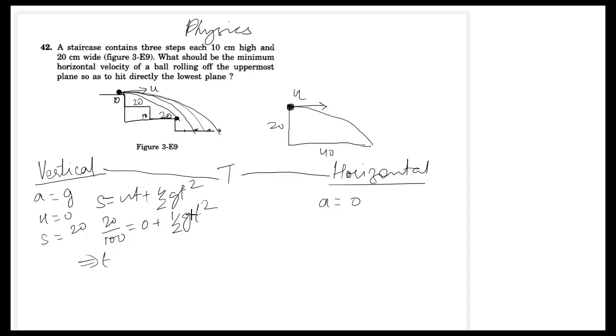For simplicity, we will take g equals 10 meters per second squared approximately.